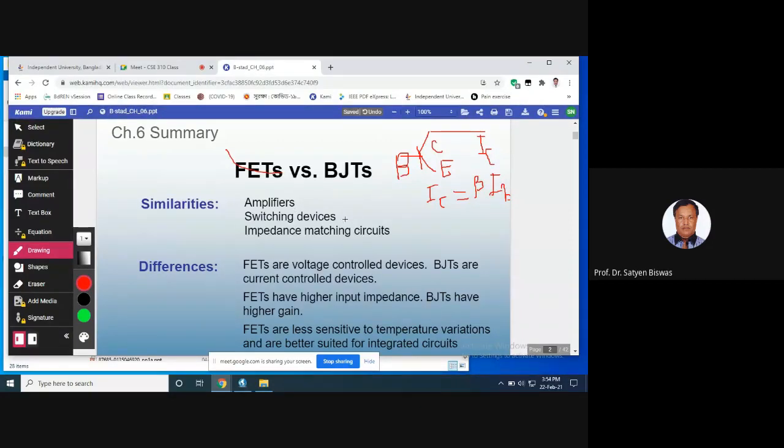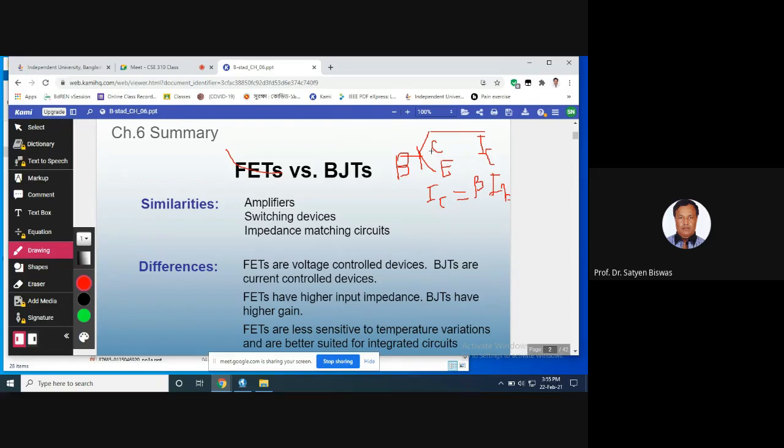And it is, of course, also a switching device. When we apply some voltage at the base, a little amount of current will flow into the base, and then the transistor is turned on. That you have learned from the BJT. How to turn on the BJT?